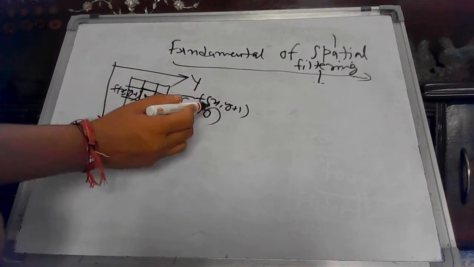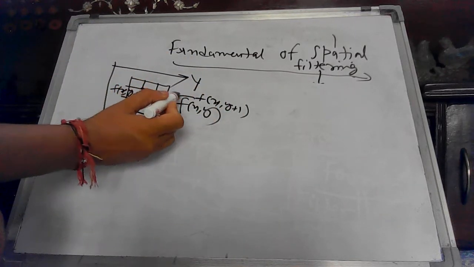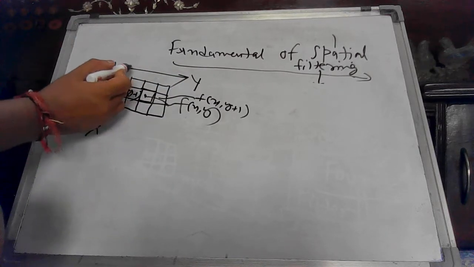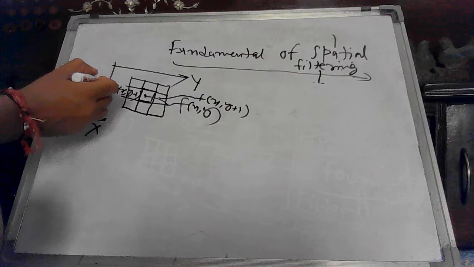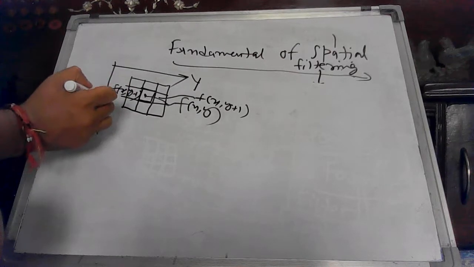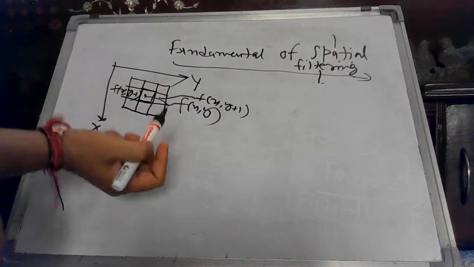Remember one thing: if you move in this direction, you are increasing y; if you move in this direction, you are decreasing y. If you move vertically down, you are increasing x; if you move vertically up, you are decreasing x.